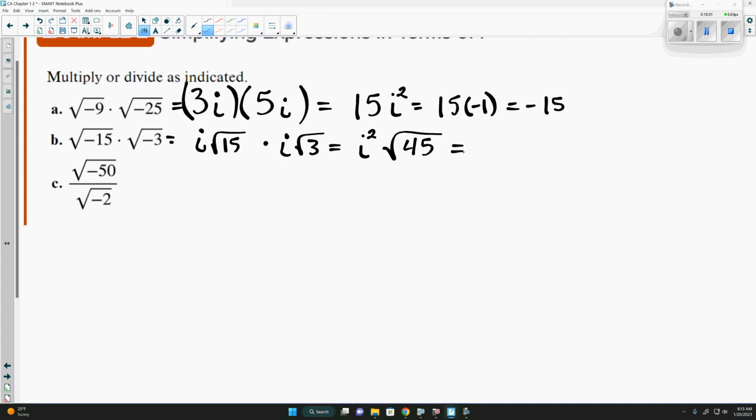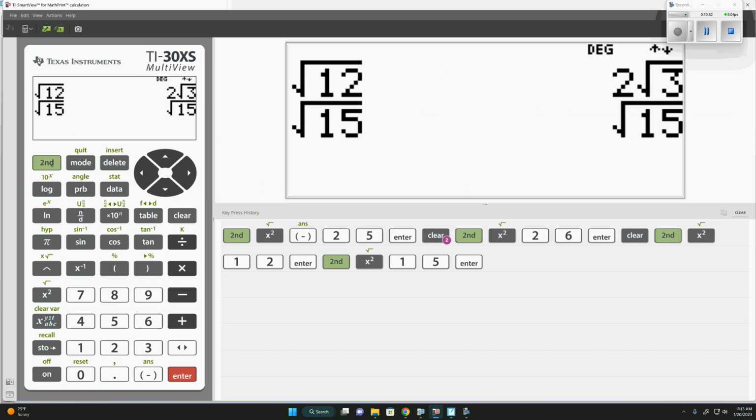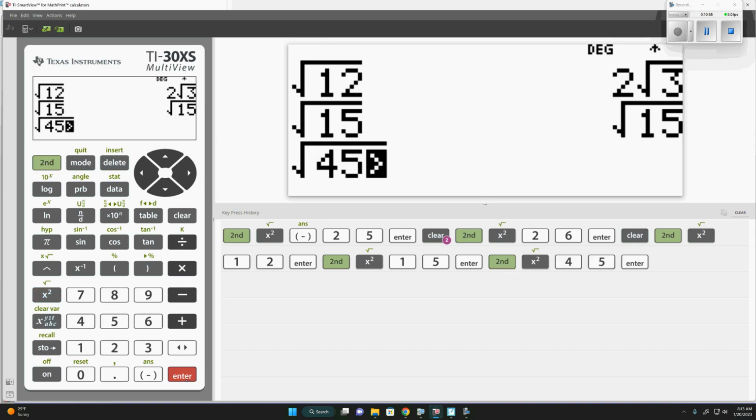Will the square root of 45 reduce? What are the two factors of 15? Because we have 1 and 15 or what? 3 and 5, yes? What did we just multiply 15 by? 3, yes? Do I now have two 3s? So it will reduce. And we could also plug it in and see it's 3 square root of 5.